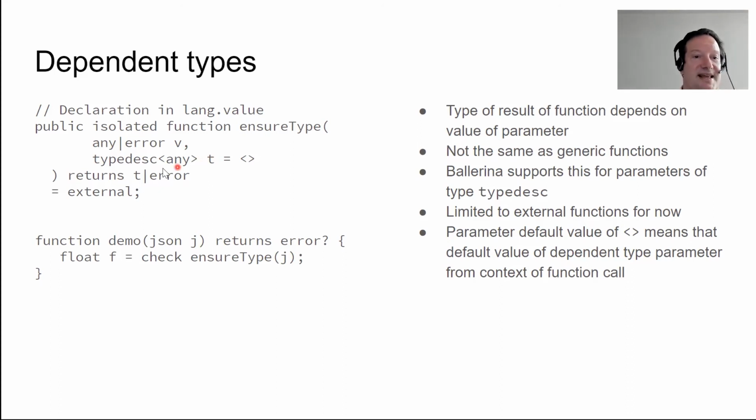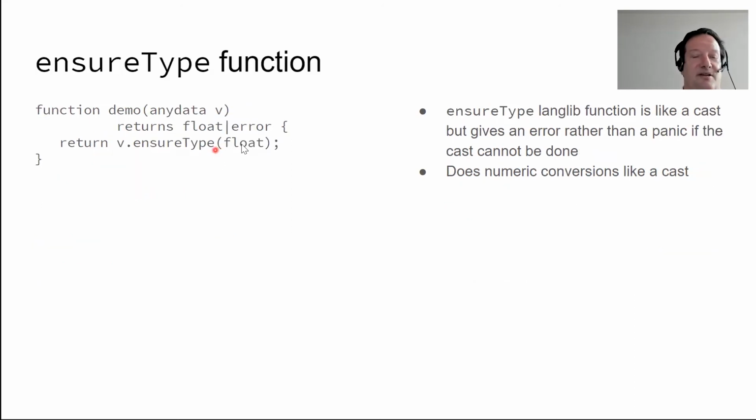And what this says is that this either returns an error or it returns a value whose type is the same as the type given in this parameter. So in this case, that means that the compiler knows what float is here. So it knows that this returns float or error.